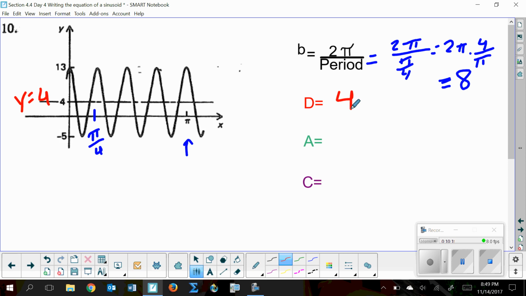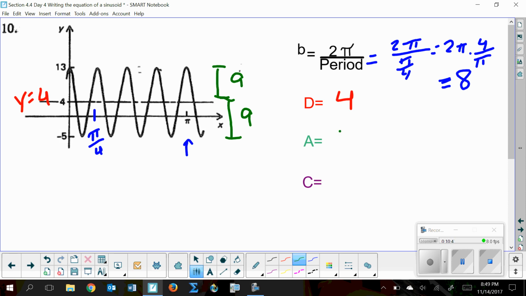A is my amplitude. Amplitude is how far it is from the midline to the top. So from here to here, it's 9. And from the midline down to the bottom, it's 9. You can count. Another way to find the amplitude is you can always take your high and your low, subtract them, and divide that by 2.